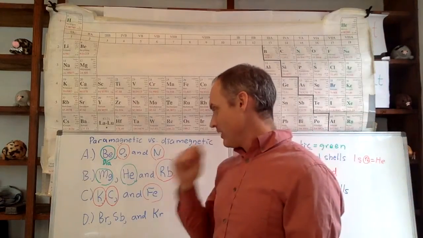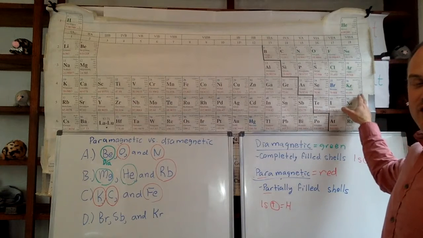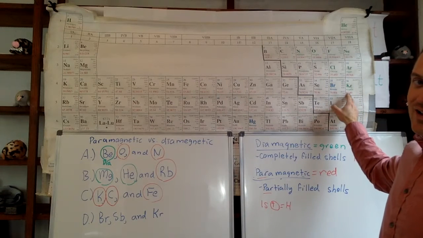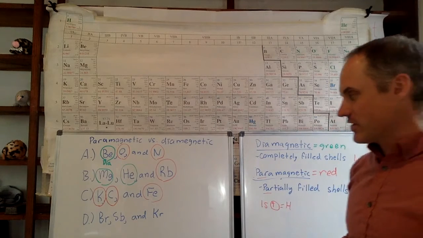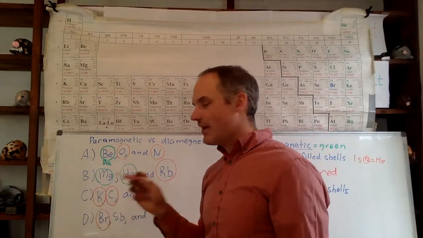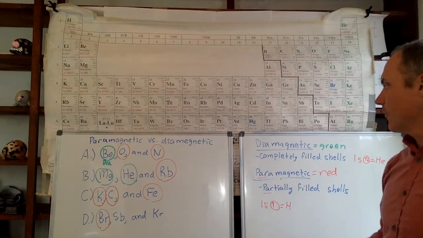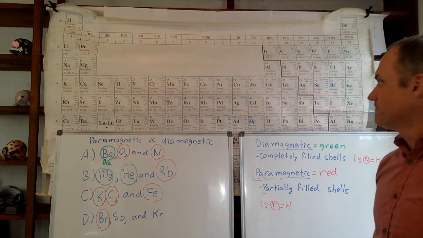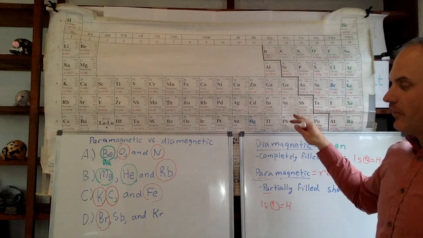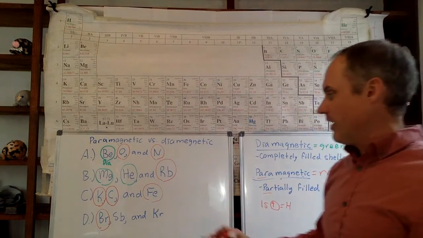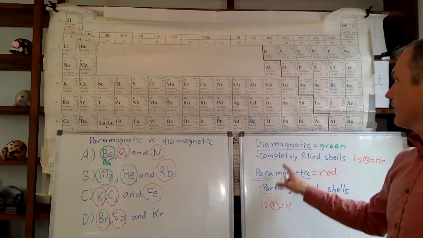All right, looking at D, we have bromine. Bromine is really close to being a p6 configuration. It's a p5, which is what makes it so darn reactive, because it wants that last electron really badly to make a full shell. Antimony, buried down in here, is in the middle of your p block, and it's partially filled because of its configuration.